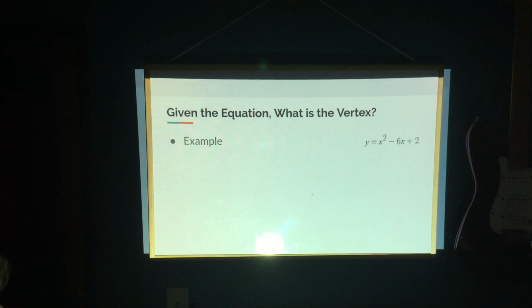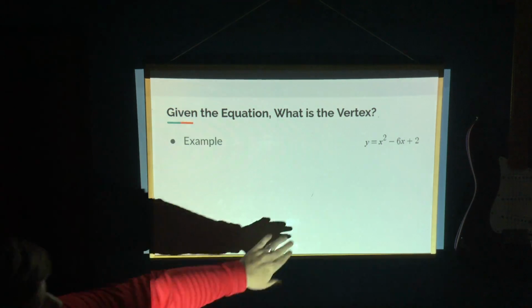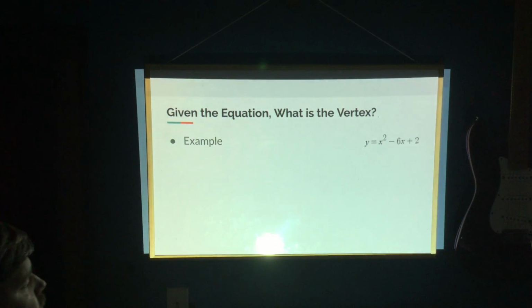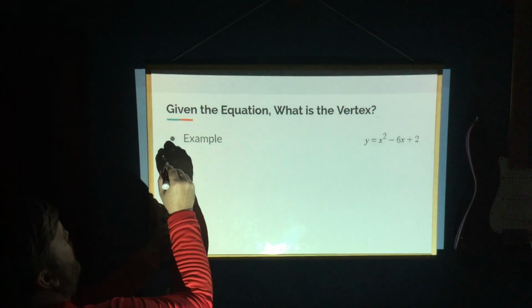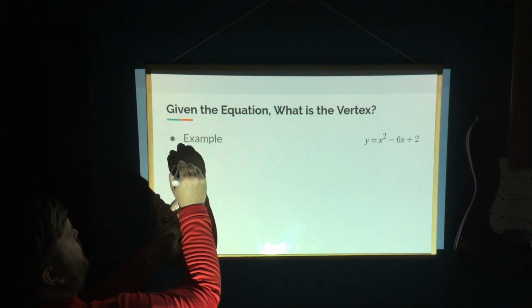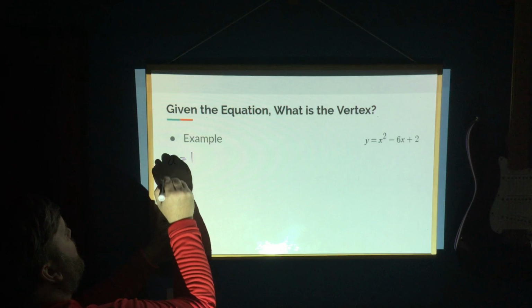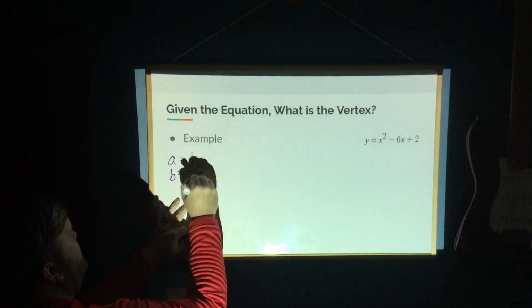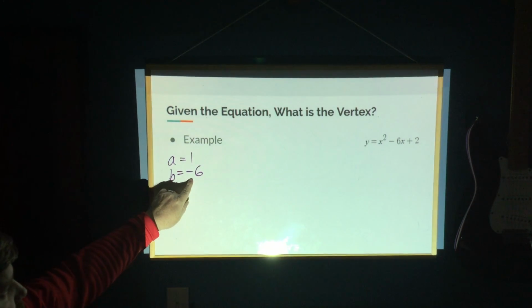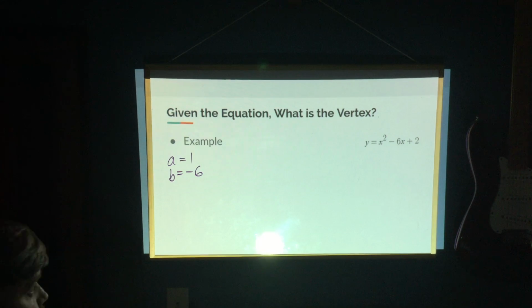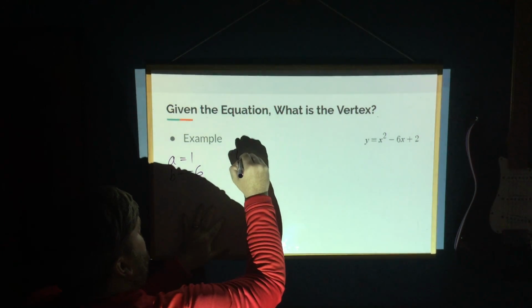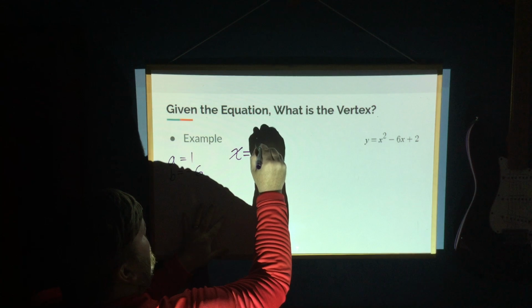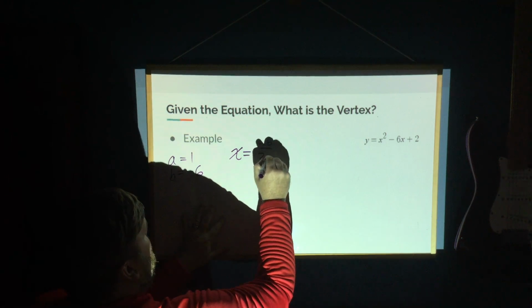All right, we have y equals x squared minus 6x plus 2. So a is equal to 1 again, and b is equal to negative 6. The first time we've had a b value that's negative. So x equals negative b over 2a.